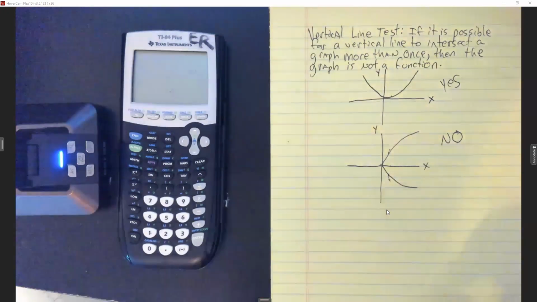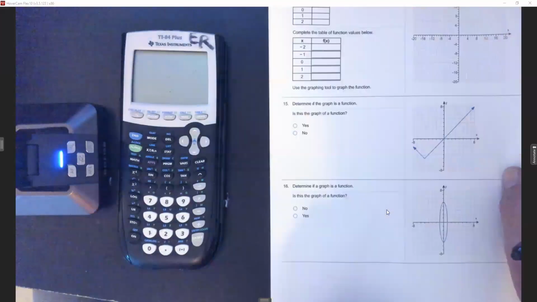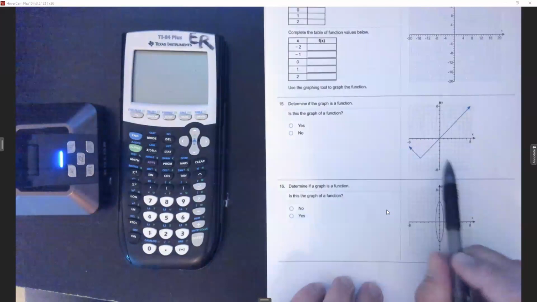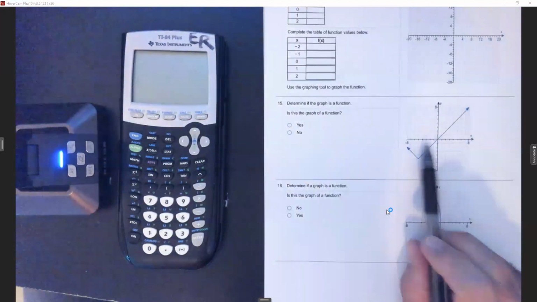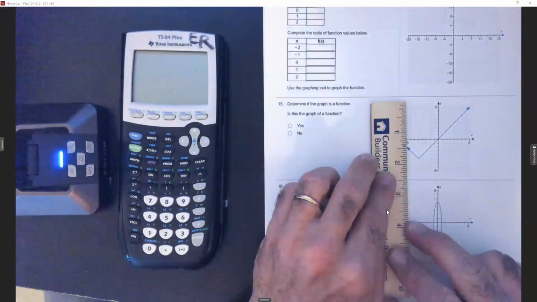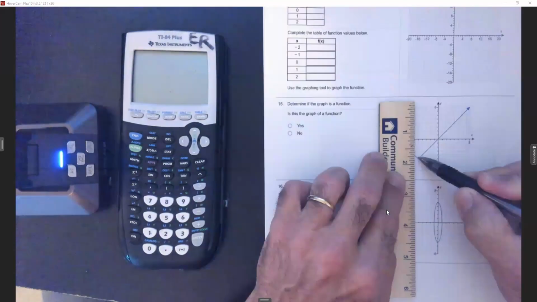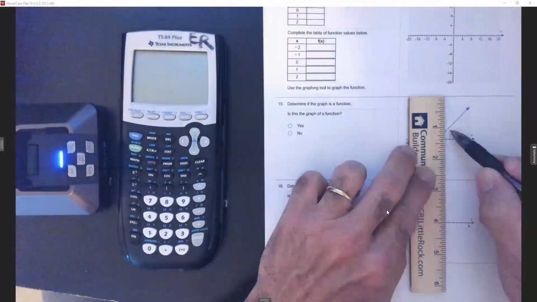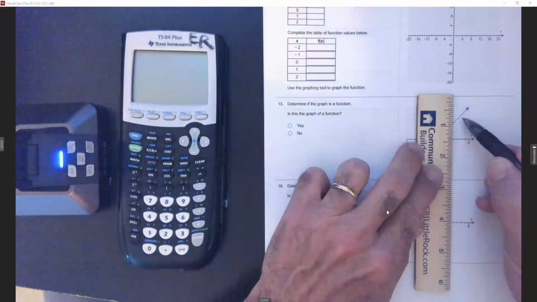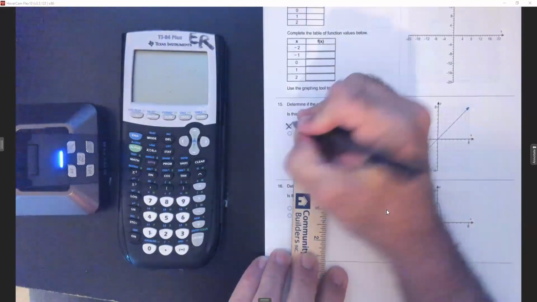So what I'm going to do is put my little pictures up here, and we're going to look at these graphs and tell if they're functions or not. On this one, I would run my little vertical line left to right, and notice I'm only intersecting it once everywhere I go. Since I'm only intersecting it once anywhere on that graph, it is yes, definitely a function.